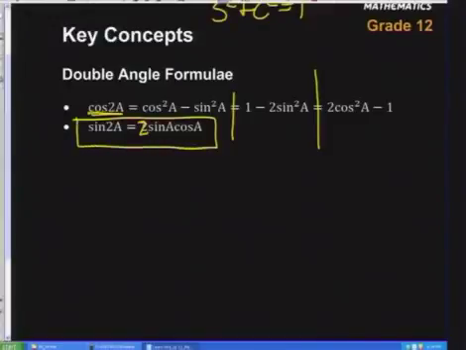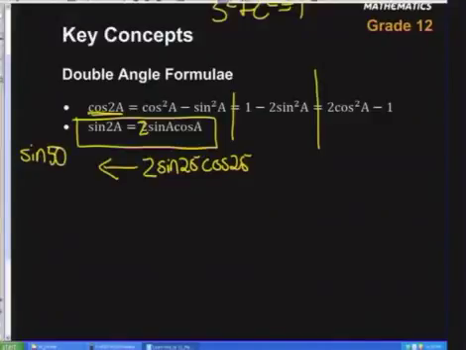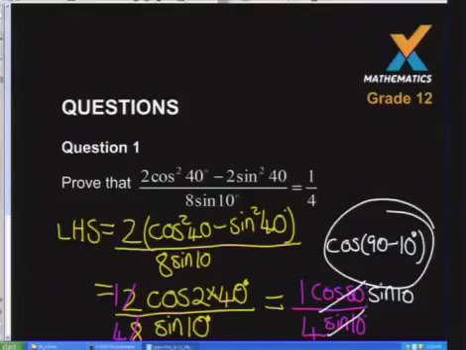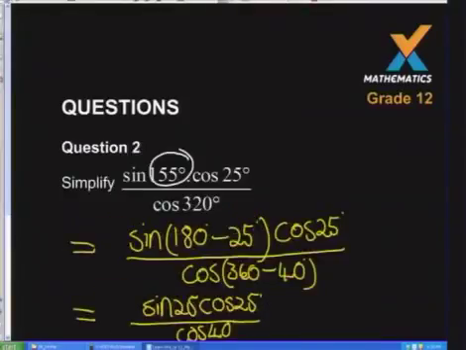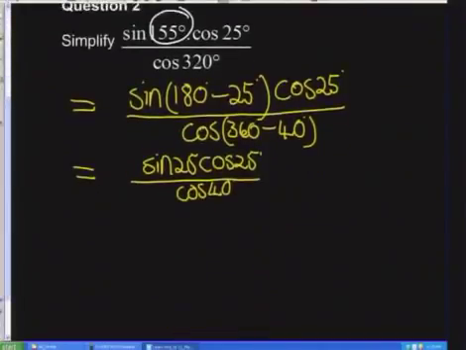If I have 2 sine 25 cos 25, I could go backwards and write it as sine of twice 25, which is 50. However, I'm not quite there yet, because if you look at our question, I don't have a 2 in front of the sine 25 cos 25.